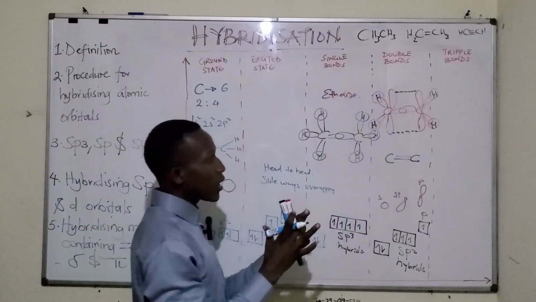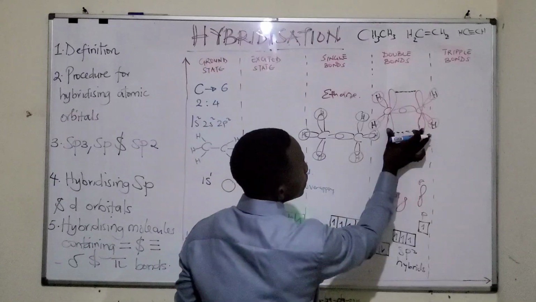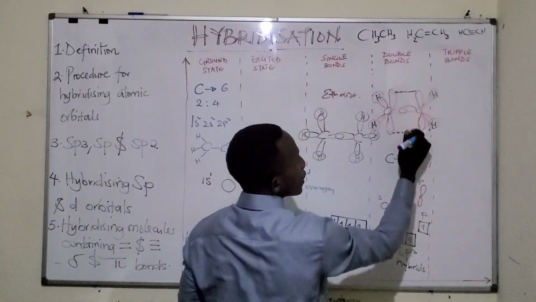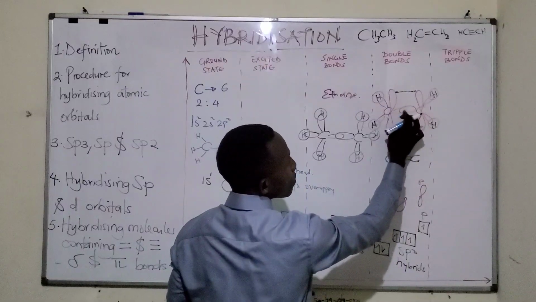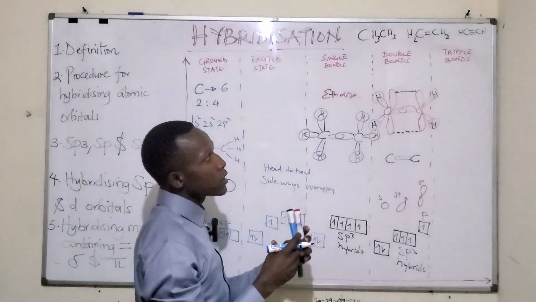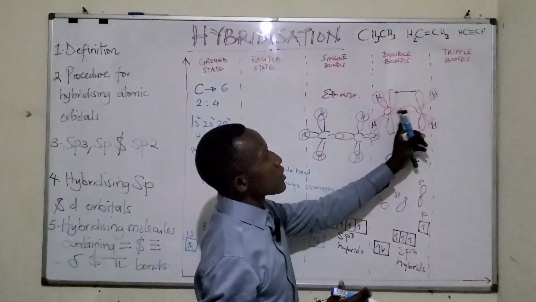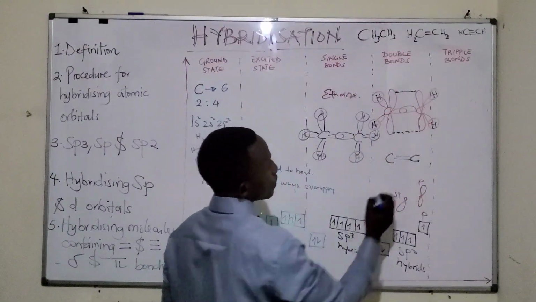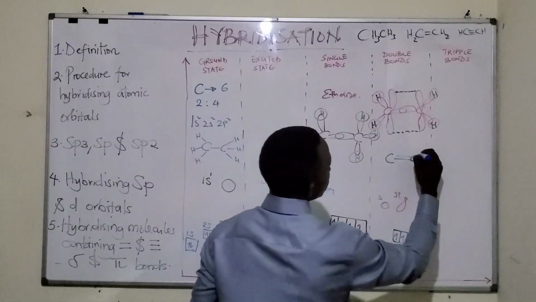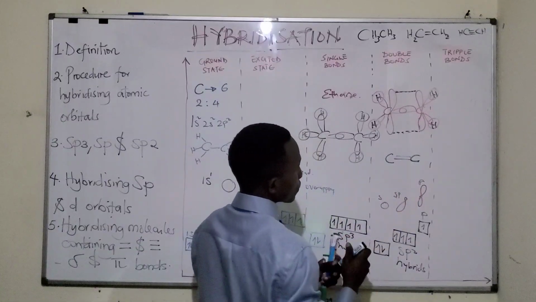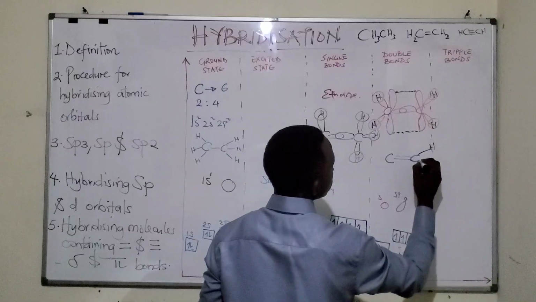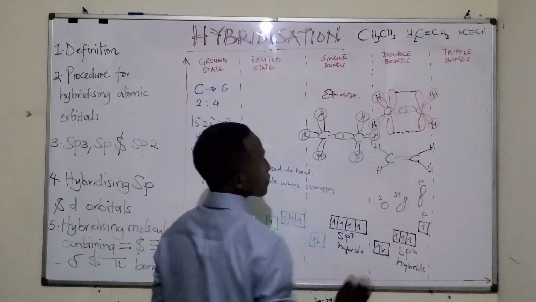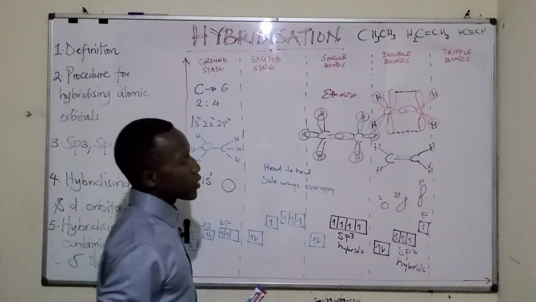The pi bond is at the upper side and the lower side, but the sigma bond is in between the two carbons. So we have this with the hydrogen atoms. That's what we have.